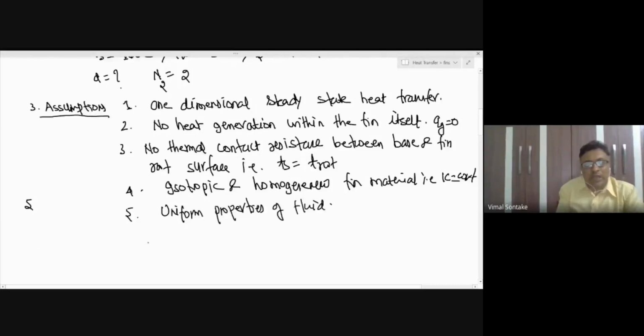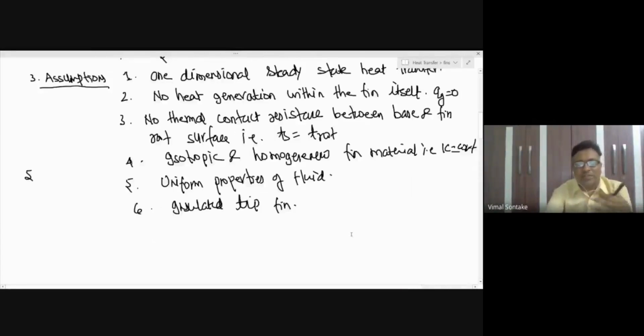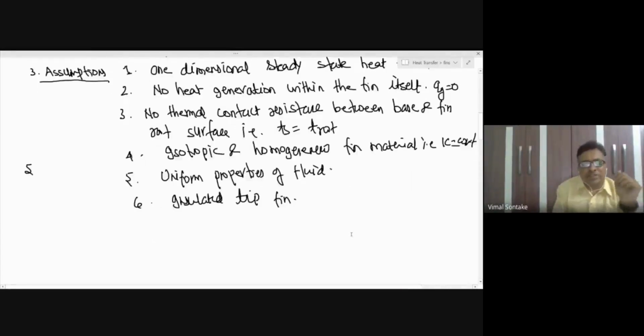And last but not least, and very important, you are supposed to solve this problem considering insulated tip fin. Now, mostly problems in case of fins are solved considering insulated tip fin boundary condition only. Otherwise, you can take any formula given to you, but why it is recommended, calculations become easier.